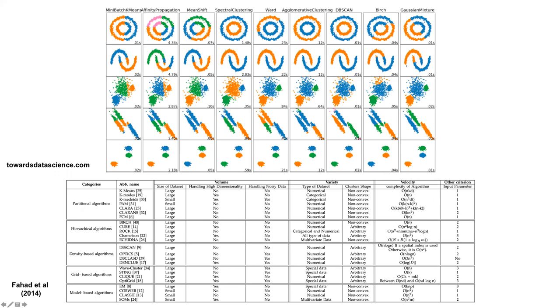Some work better on oddly shaped data sets, some don't. So it's a matter of picking what you think works best with your data. Some work with categorical, some with numerical data. The important thing is to try multiple algorithms that vary in how they work, and then get some sort of consensus.